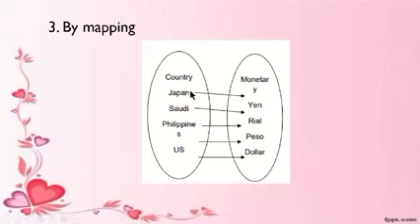So, yung x value natin ay Japan, Saudi, Philippines, and US. Hindi na ulit. Meaning, this given is a function. And class, always remember na kapag nakakita kayo ng mga arrow-arrow na ganyan, mapping yon.